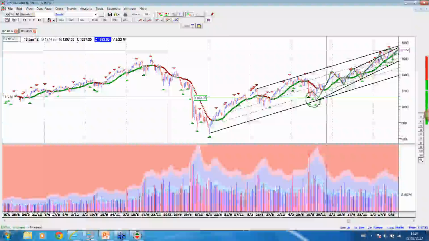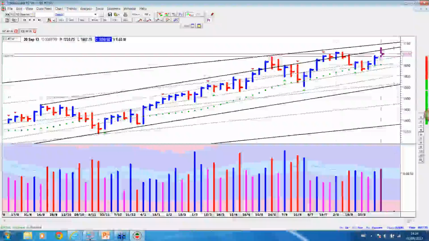So the reason I think we'll see lower prices possibly this week is professional money is going to want to buy more. Now, we have to look at the right edge of the chart and say, does that look like an upthrust? And the answer is yes, it does. But I think they're going to want to buy more down there at 1670, 1680.